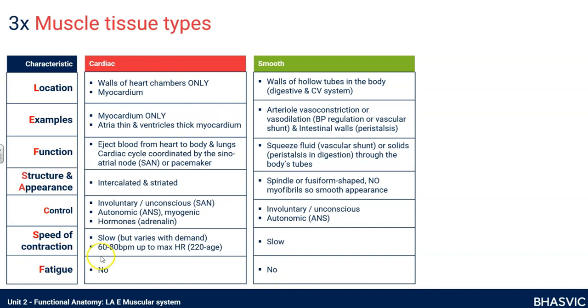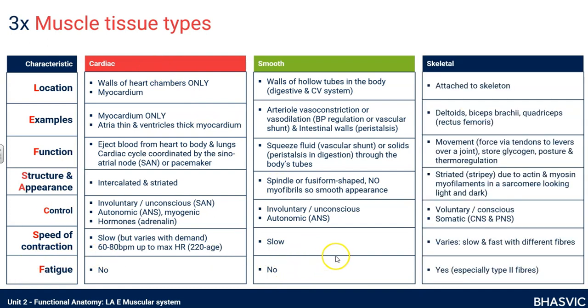So we've done cardiac, smooth, and finally, and importantly for us, let's look at skeletal muscle tissue. So where do we find skeletal muscle tissue? Well, skeletal muscle tissue makes up our muscles that are attached to our skeleton, our bones. Hence, they're called skeletal muscle tissue.